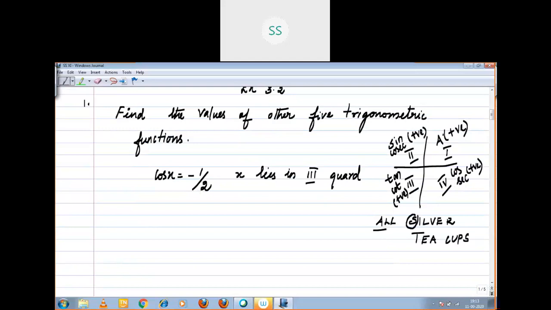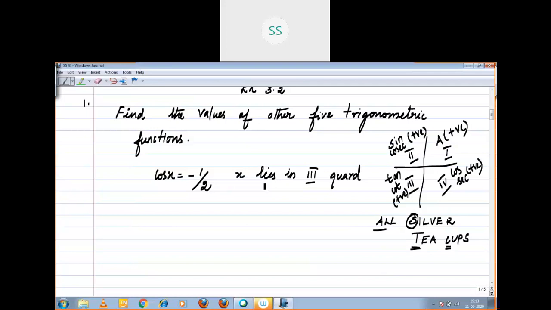In the second quadrant, sine and cosecant alone are positive. In the third quadrant, tan and cot alone are positive. In the fourth quadrant, cos and secant alone are positive, right? That's why we frame the statement as All Silver Teacups.